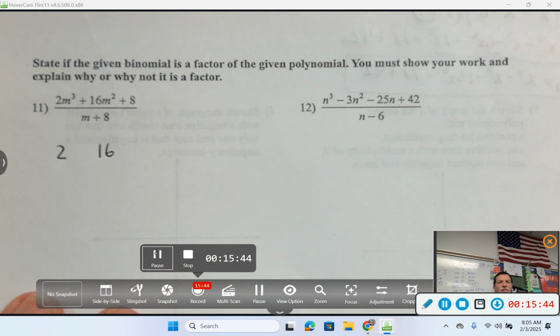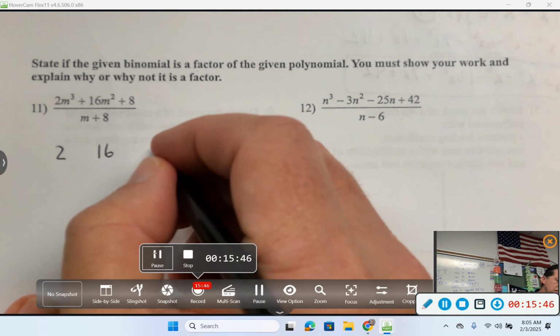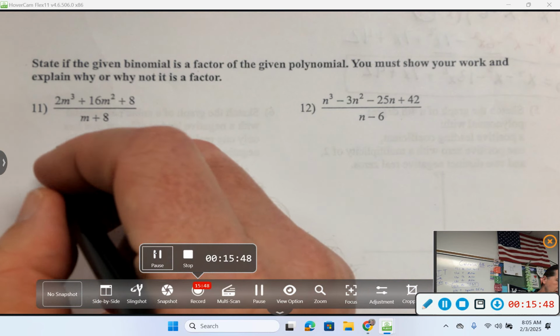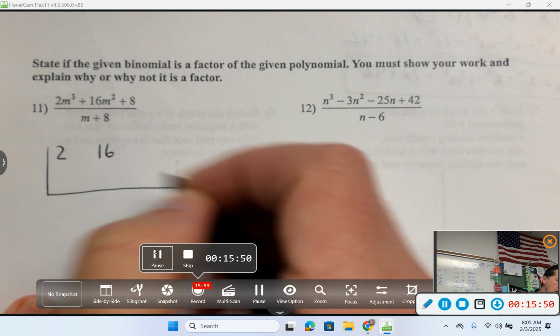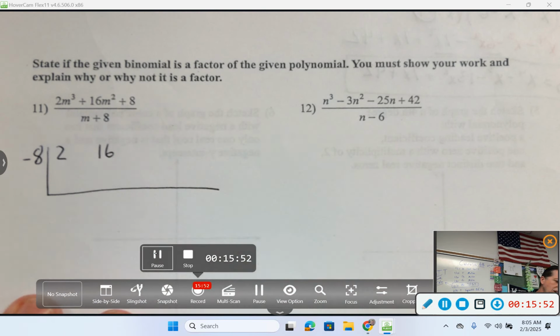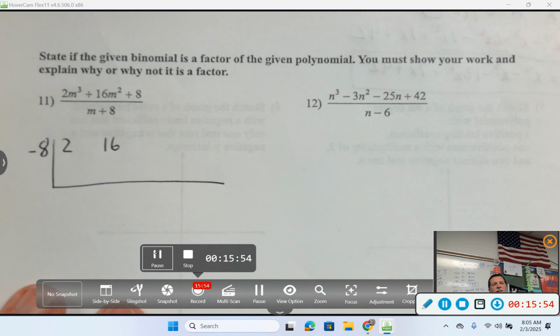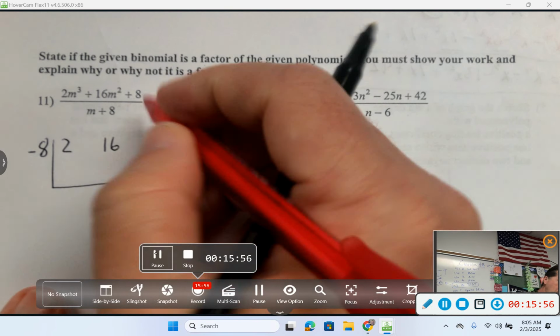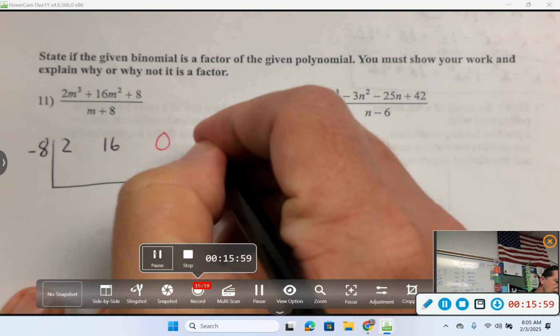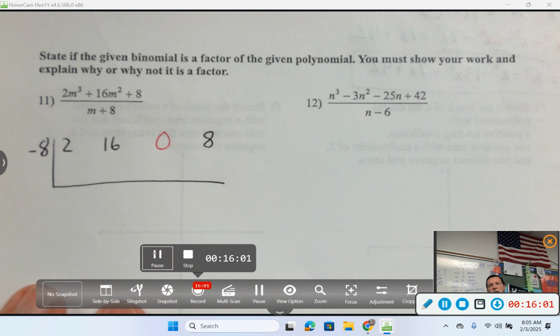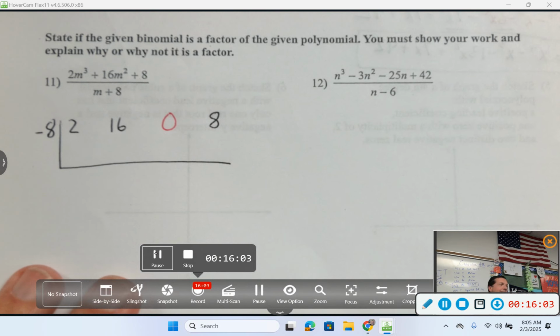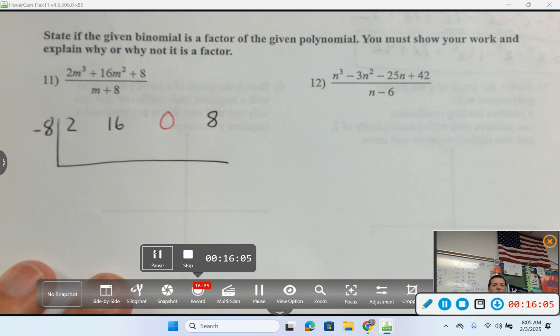Number 11 also has another trick in it. Put a negative 8 out there. There's a missing term. It's minor, but you're going to mess it up if you don't catch that.